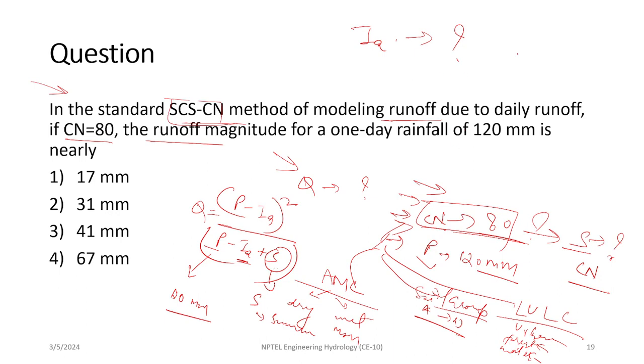Lambda is nothing but 20% of S. So if we get the value of S, we take 20% of that, and that will give us the IA value. So what is remaining now? What we need to compute is the S value. Ashish, any idea how we can compute the S value?